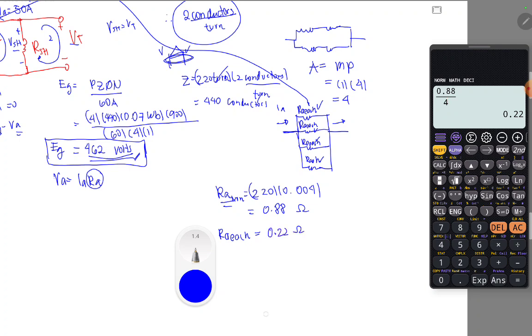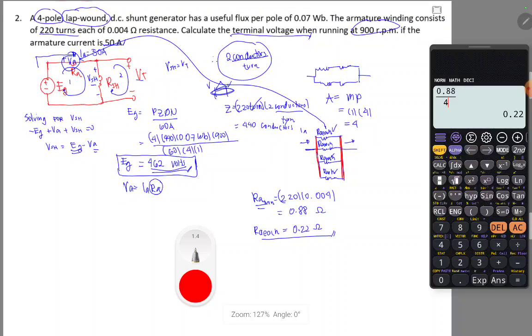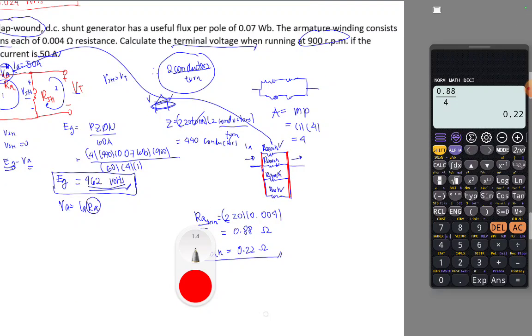Now upon knowing the resistance of each turn or parallel path, the next thing to do is to connect it with respect to what type of connection is used. So if it is a lap winding or a wave winding. If it is a wave winding, you would rearrange this total resistance into only two current paths, which is 0.44 each.